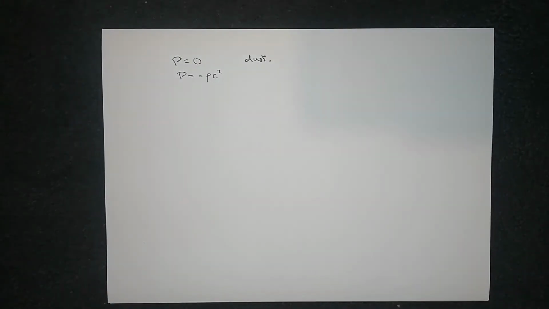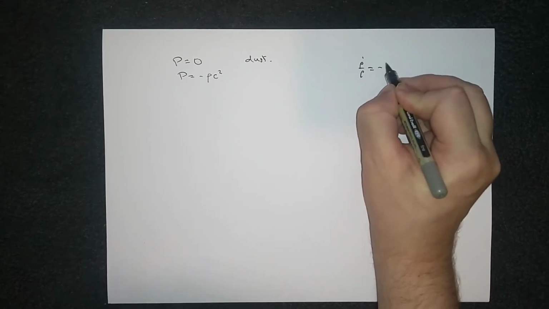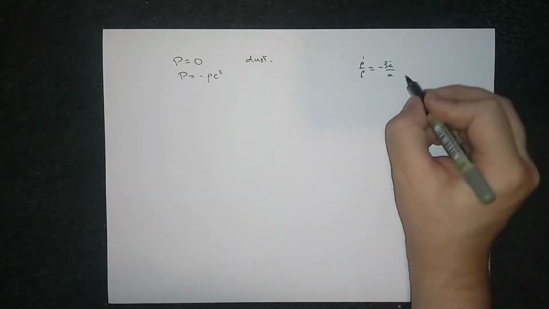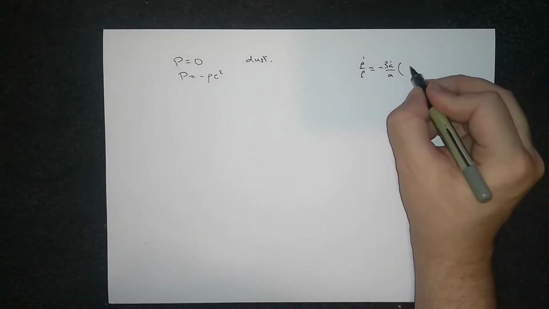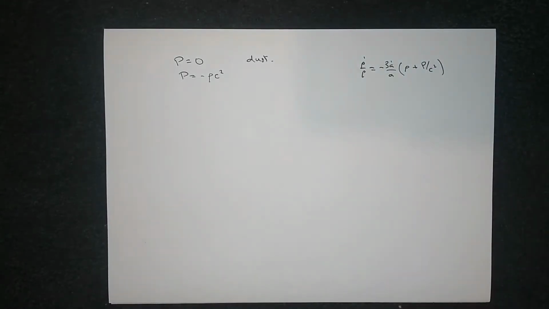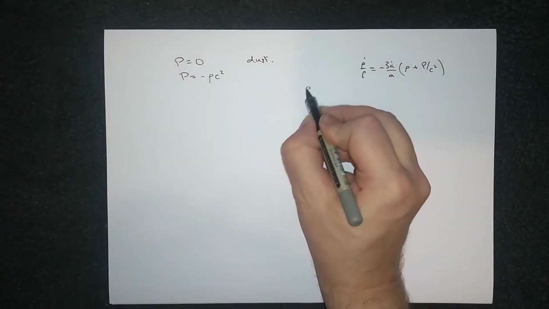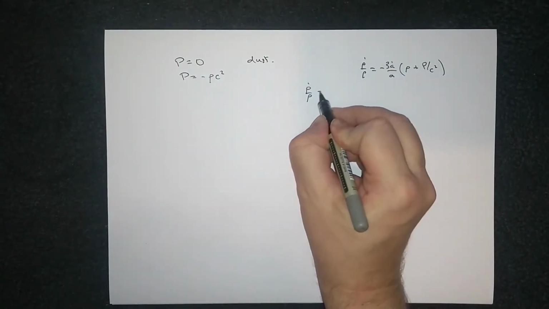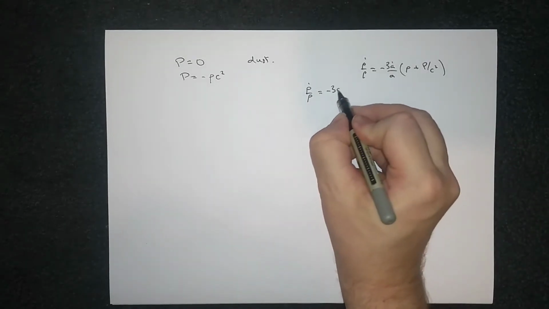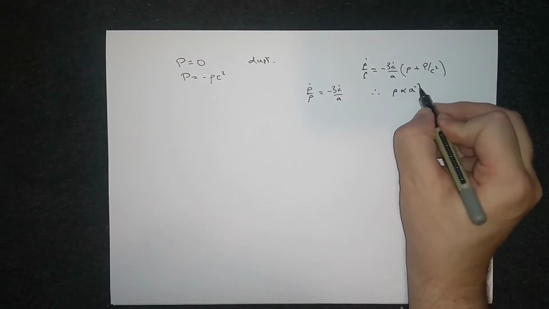Since matter and dark energy do not interact with each other, they obey the fluid conservation equation independently of each other, which is that thing which we learned from last time. So for P equals 0, we just get rho dot over rho is equal to minus 3a dot over a. So therefore rho is proportional to a to the minus 3.